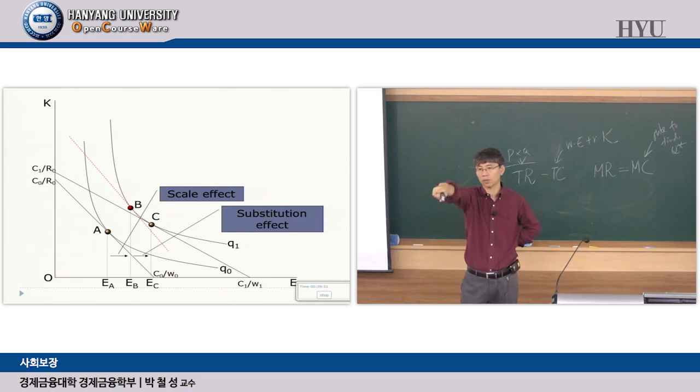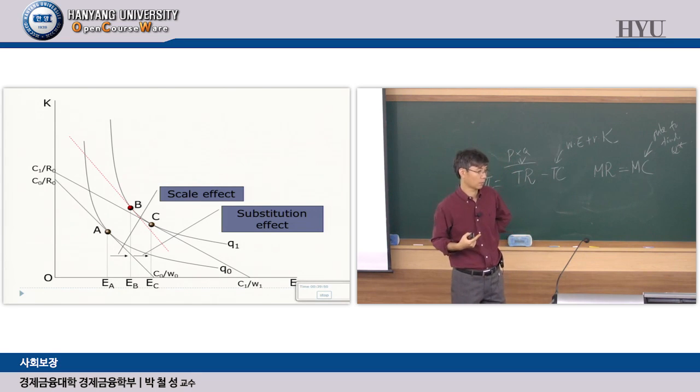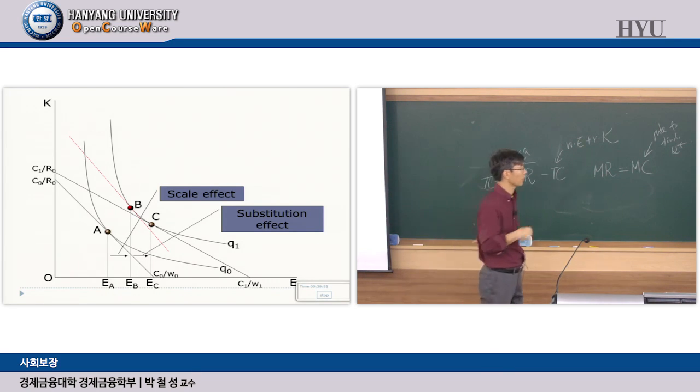So by the scale effect, the labor input is going to be smaller because they produce less. And since the wage is higher, labor becomes relatively more expensive, so they substitute capital for labor. By that substitution effect, they will use less labor.